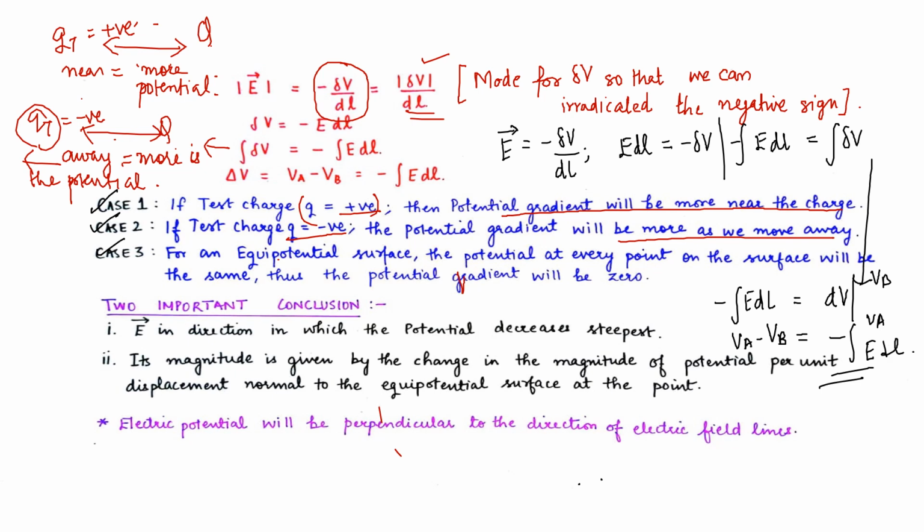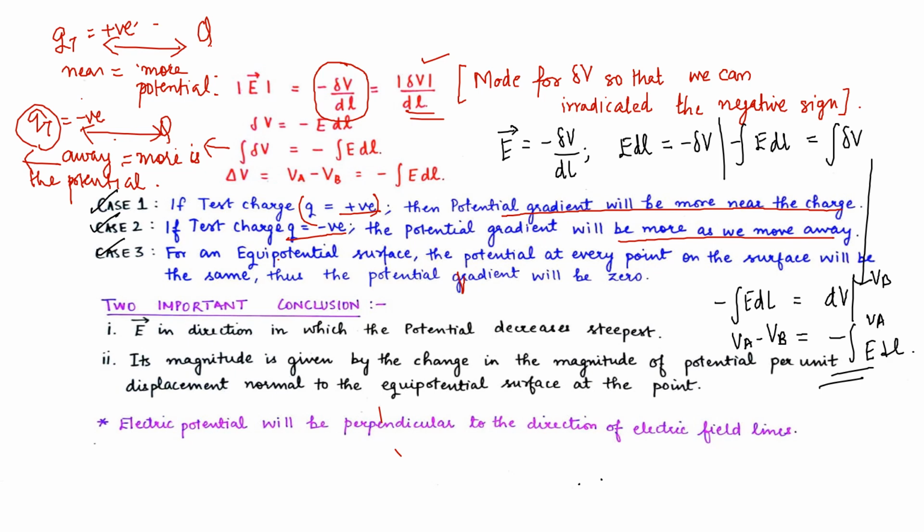Just think, your mother scolded you, what will you do for a whole day? You will stay away from your mother, you will show that you are angry. In the same way, Qt became negative now, and it will start running away from the charge Q. Once it starts running away from the charge capital Q, it will show more potential at that point.